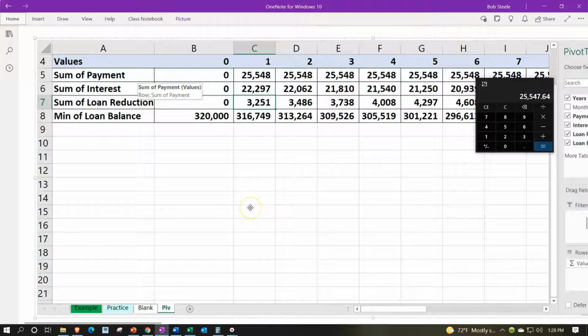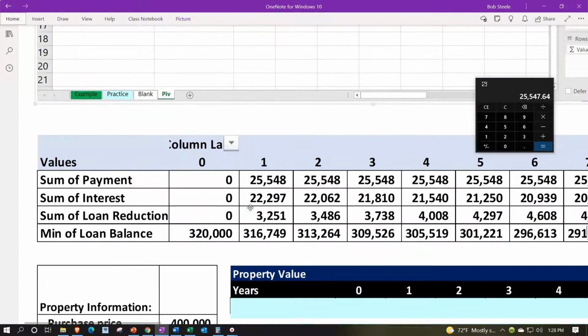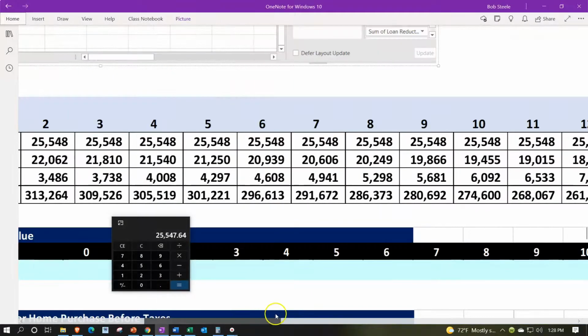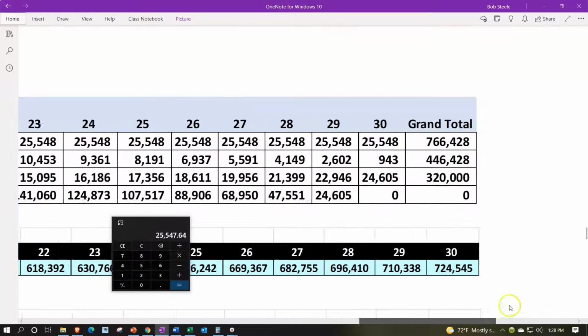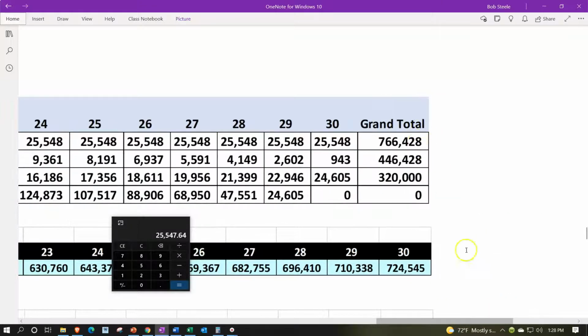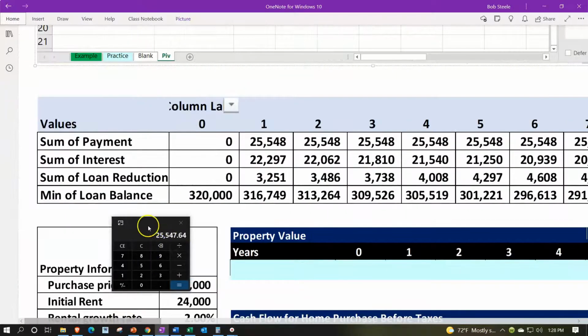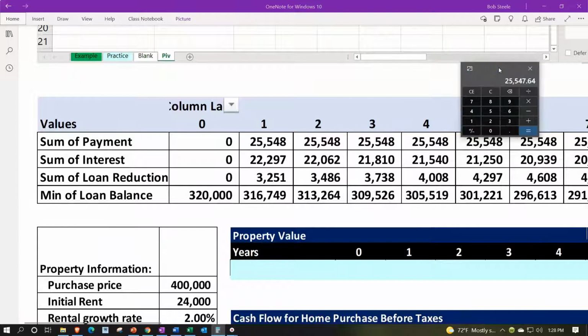So we're going to use this information to do some of our calculations with regards to the cash flow. If we summarize this data, we've got this information here, and then our years going all the way out to 30 years, and then we've got our totals at the end. In Excel, we actually reconstruct this table, which we built with a pivot table, using calculations.